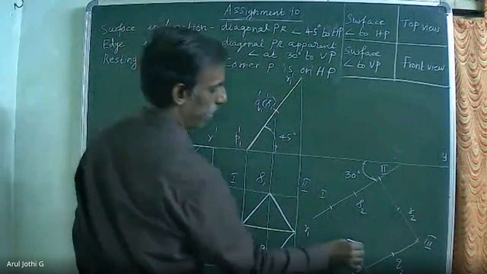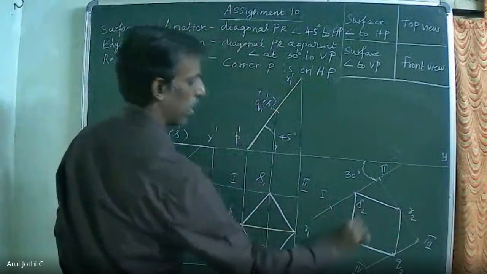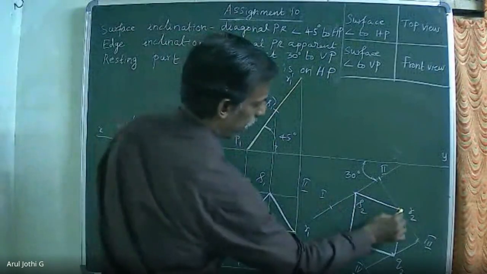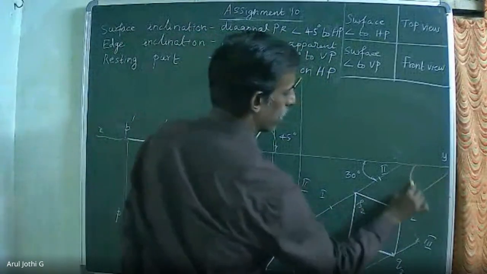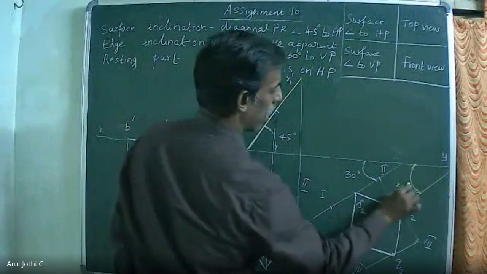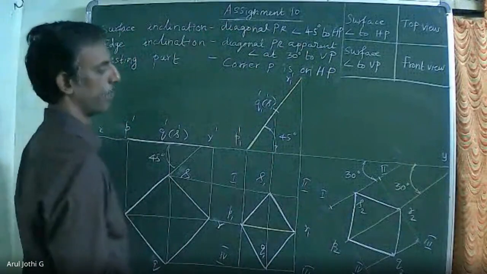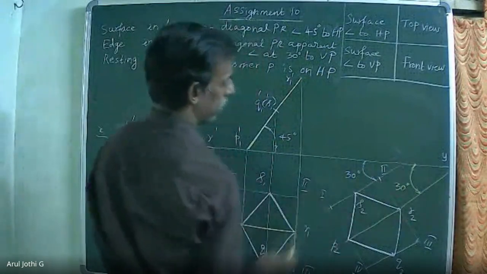So join P, Q, R, S. Now join the diagonal PR. This diagonal PR is apparently inclined 30 degree to VP. After this, you can erase this 30 degree.